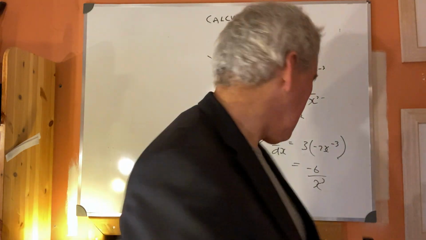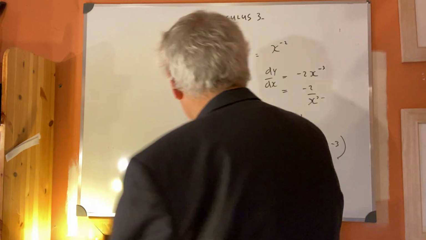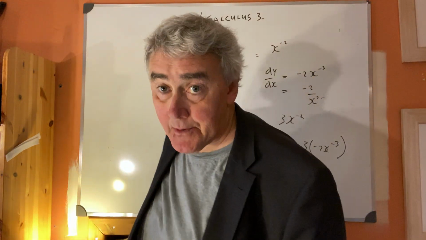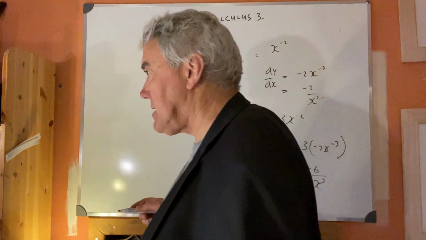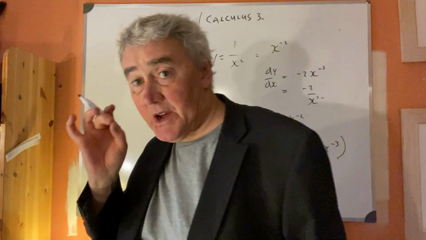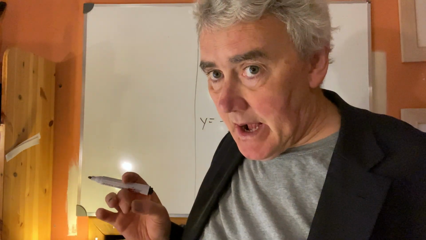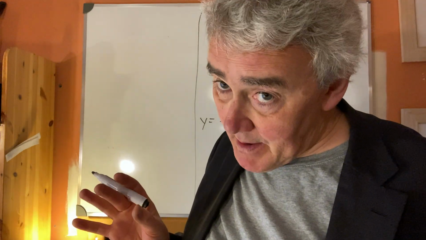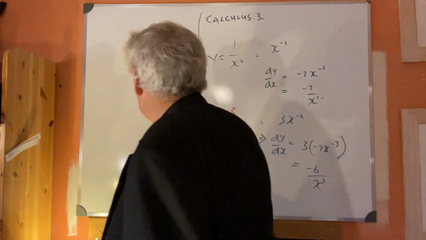What next? Square root, our old friend. If I were to ask you to define square root for me, and if you were to think about that intuitively, what would you come up with?